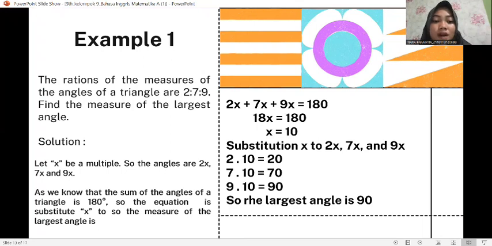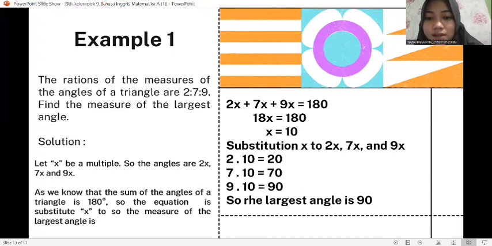So the angles are 2x, 7x, and 9x. As we know, the sum of the angles of a triangle is 180 degrees.